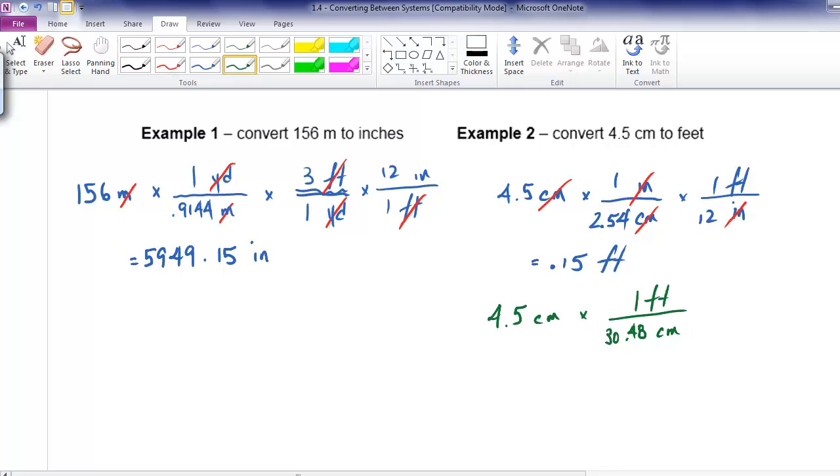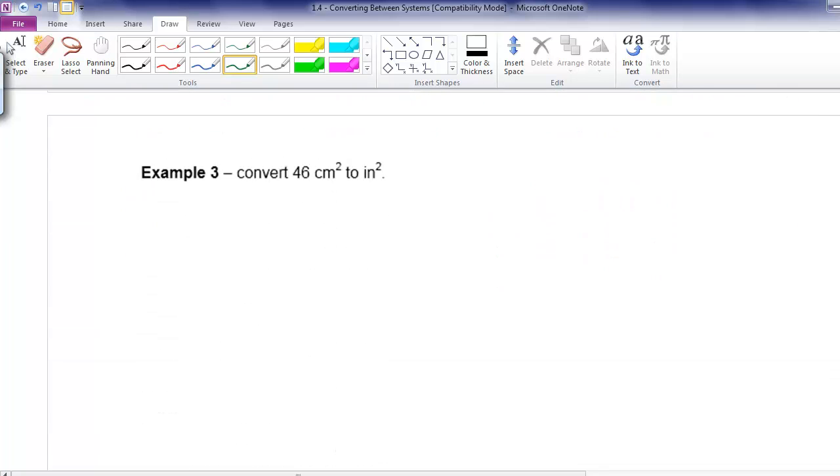And again, centimeters cancel out. We're left with feet, and either way, you get the exact answer. So notice the similar approach, just different conversion factors.